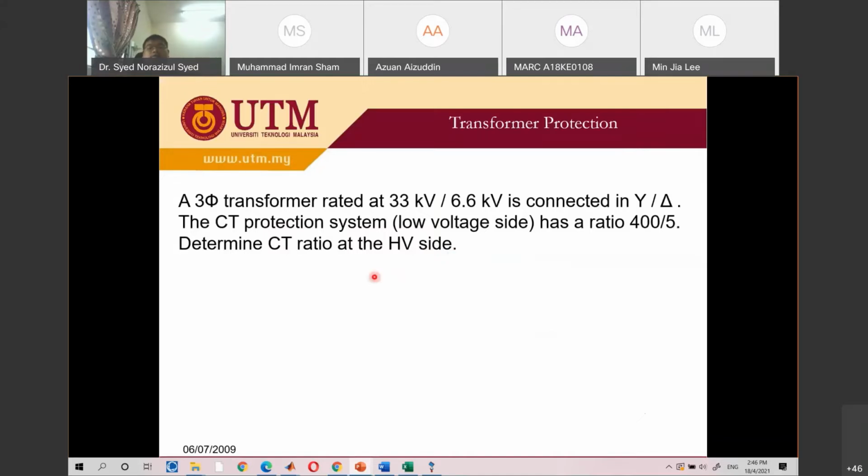You have a transformer 33 kV stepped down to 6.6 kV. The vector group is star at the HV and delta at the LV. So how do you want to choose the CT ratio?